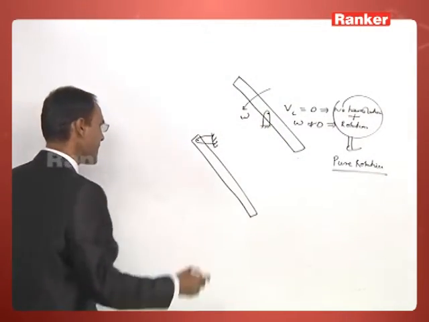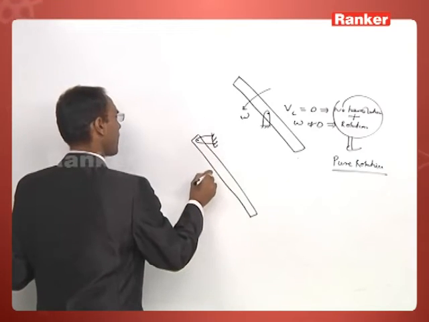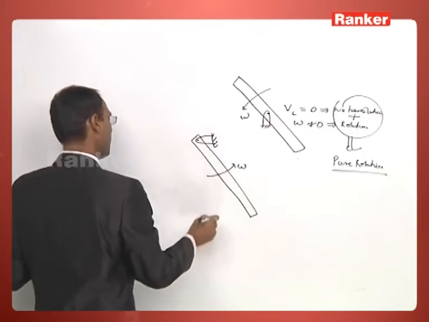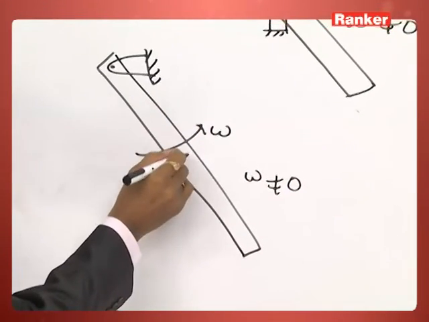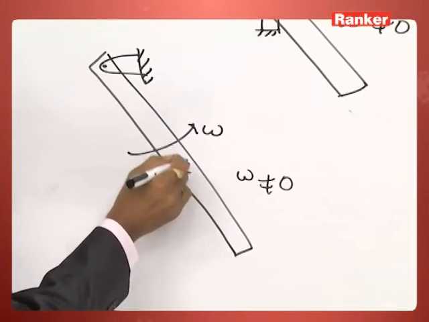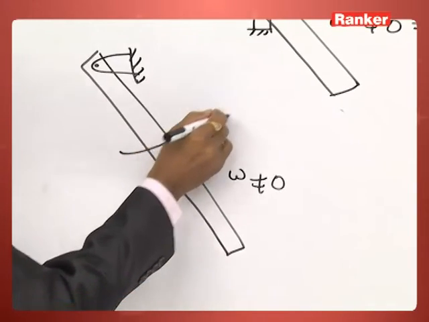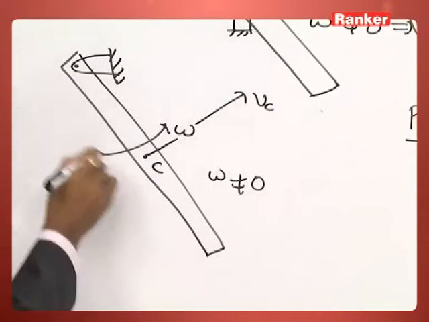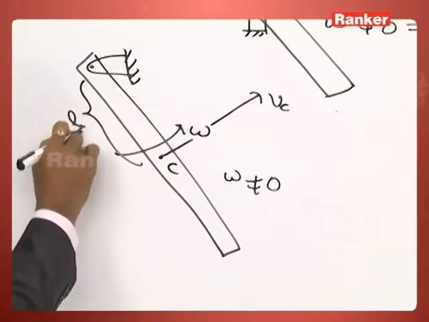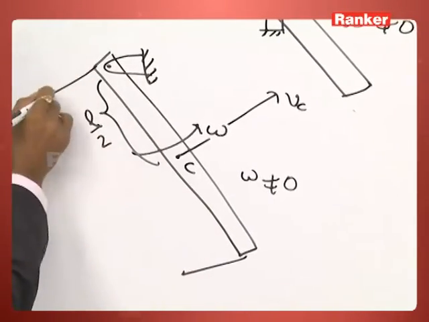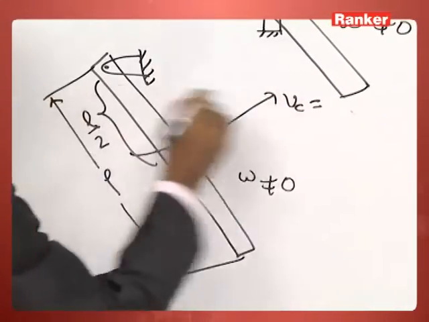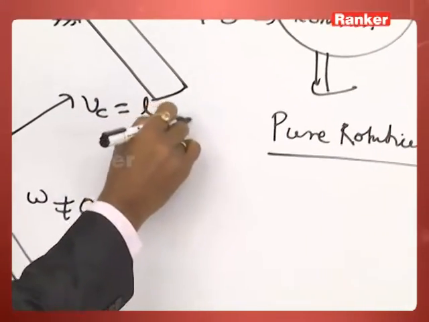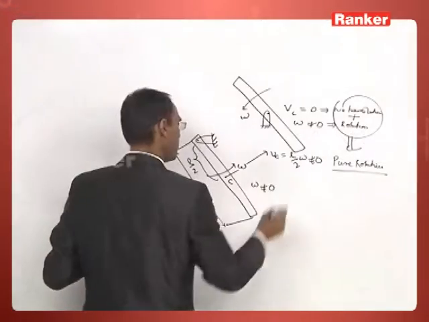And here it may have non-zero omega, but the center of mass will possess a non-zero speed which is equal to L/2 times omega, not equal to 0.